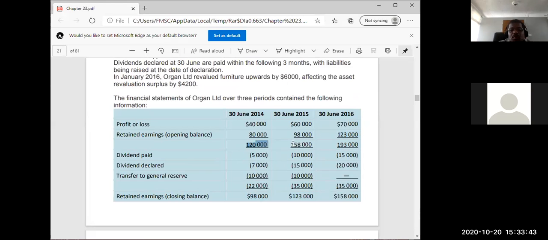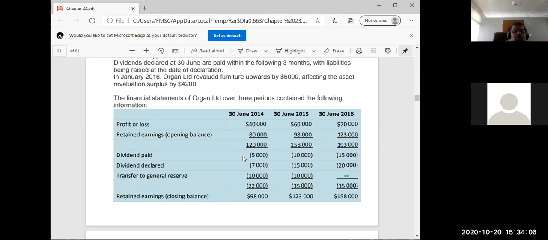So this is the profit: total retained profit 1 year later, retained profit 2 years later, retained profit 3 years later. You have to understand this. First year, 1 year later retained profit, the cumulative. Second year, cumulative retained earnings, third year.